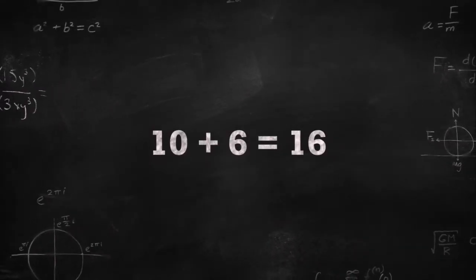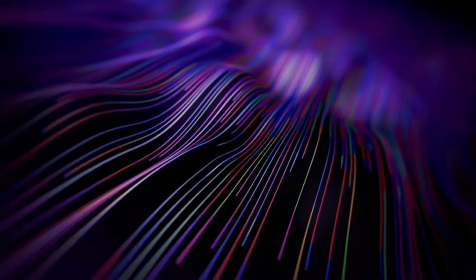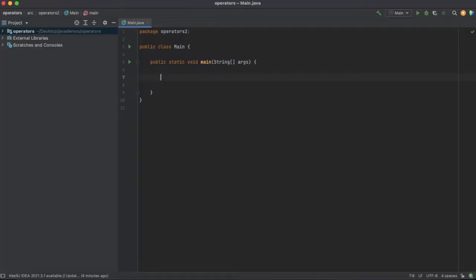However, in Java, we will convert this statement to int num1, assign the value of 10, close it with a semicolon. On the next line, int num2, assign the value 6 to num2, and close it with a semicolon.